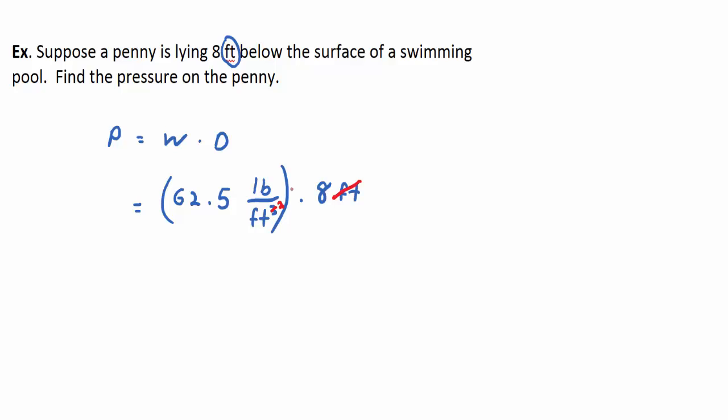So it should be per square unit. What does 62.5 times 8 turn out to be? Check me. I think it's 500. And it should be pounds per square foot. So that's your pressure.